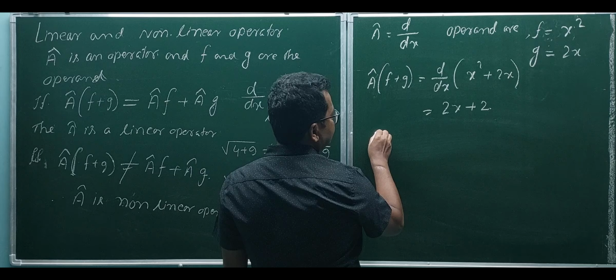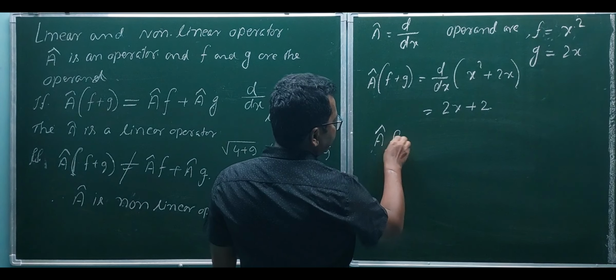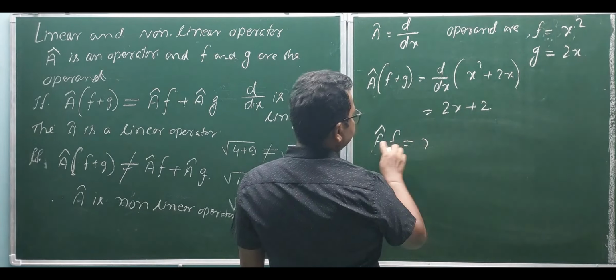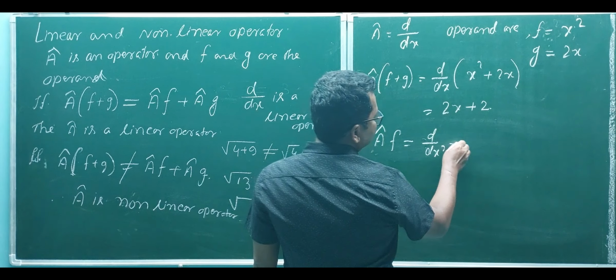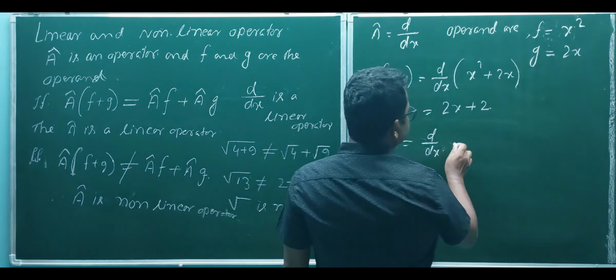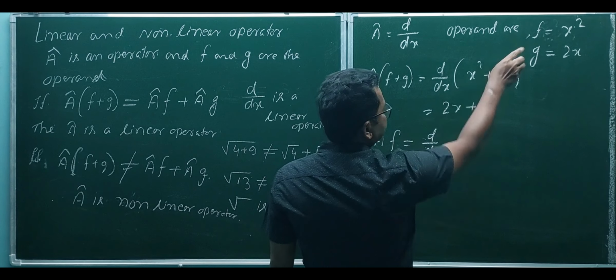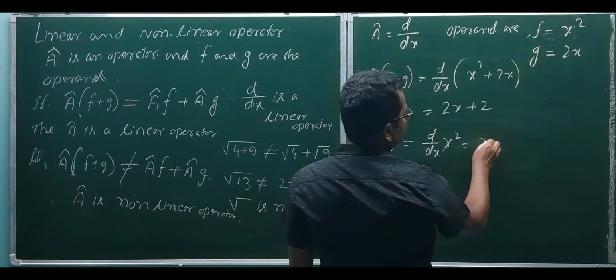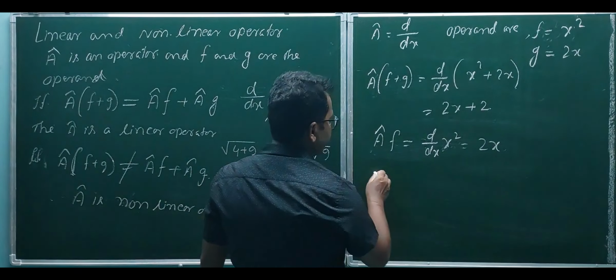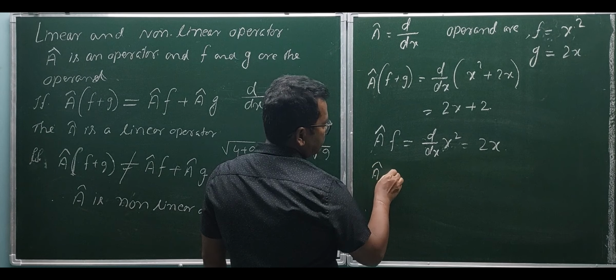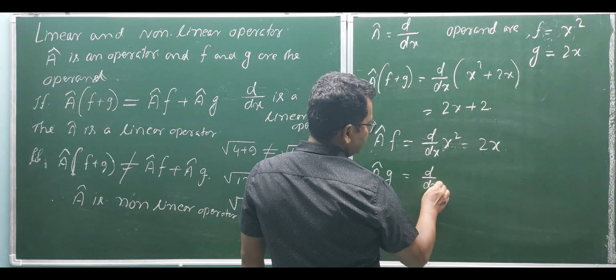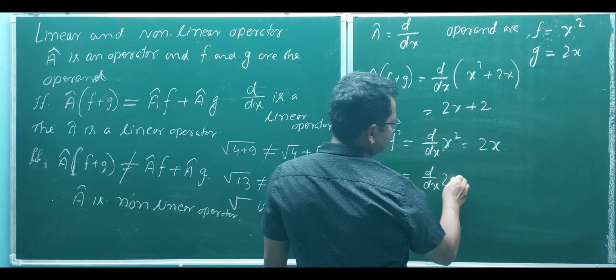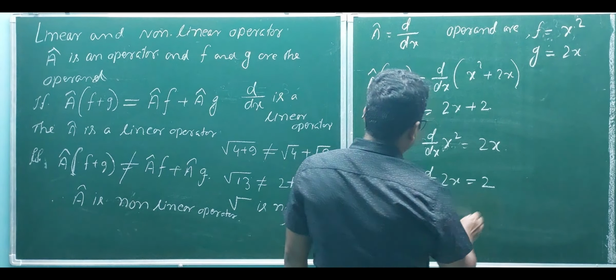Now individually, A cap f is d/dx of x square, which equals twice x, and A cap g, that is d/dx of twice x, equals 2.